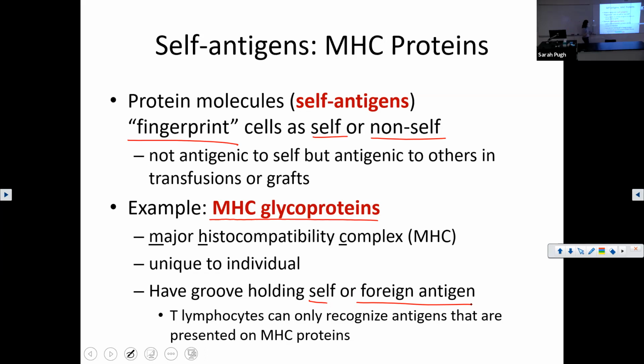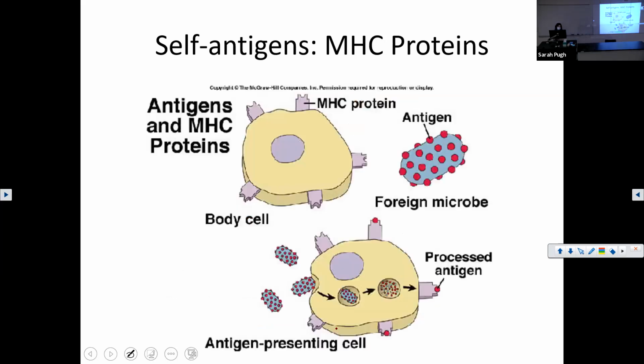It knows because of MHC glycoproteins. A T cell can only recognize an antigen if it's presented on this MHC glycoprotein. That's the only way it can recognize it. And it will either recognize it as self or foreign. So we're going to come back to that.